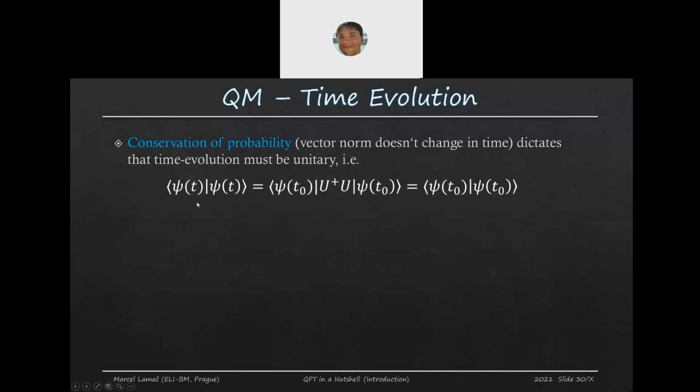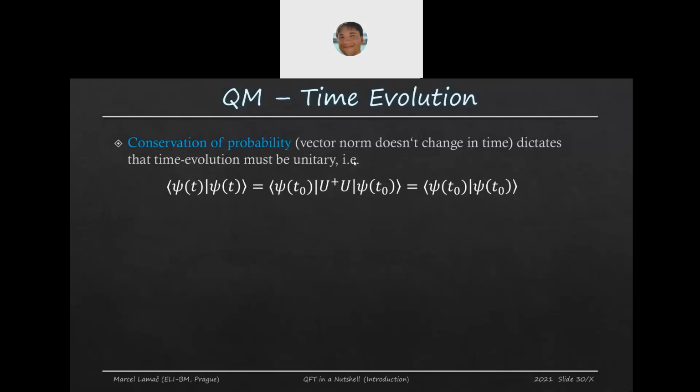So if we take the square, or the scalar product, or norm, of some state in the Hilbert space, then if it is evaluated at some time, that simply means that it has been evolved from some previous time t0 by some unitary operator, and so it is indeed conserved in time.